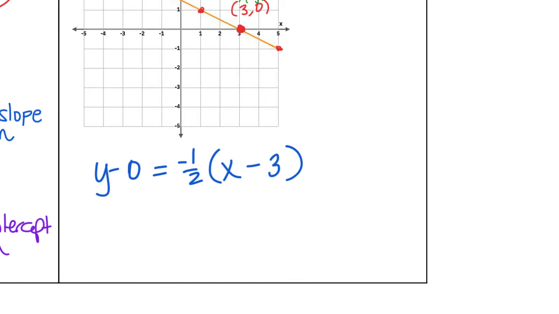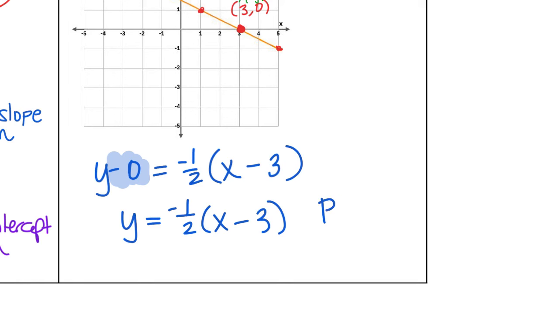Okay, so this is almost point slope form. It's just that, see that minus 0? When you subtract 0 from something, that does absolutely nothing. So you don't really need to have that written there. You could just write y equals negative 1/2 times x minus 3. This would be our point slope form.